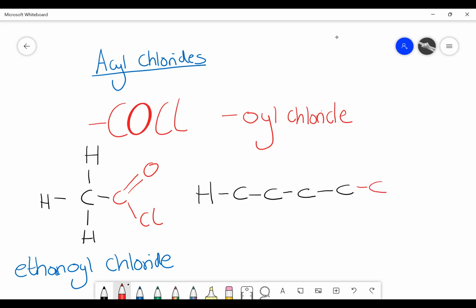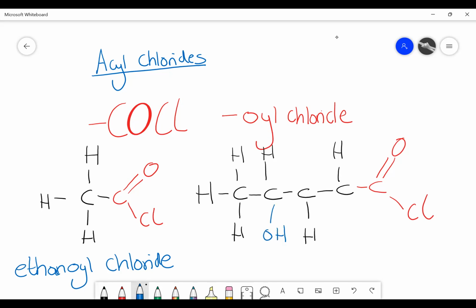I'm just going to add the functional group on straight away at the end to make it a little bit easier for myself, and then I'll carry on with the rest of the molecule. So this molecule here, I'm going to go through and name it in parts.